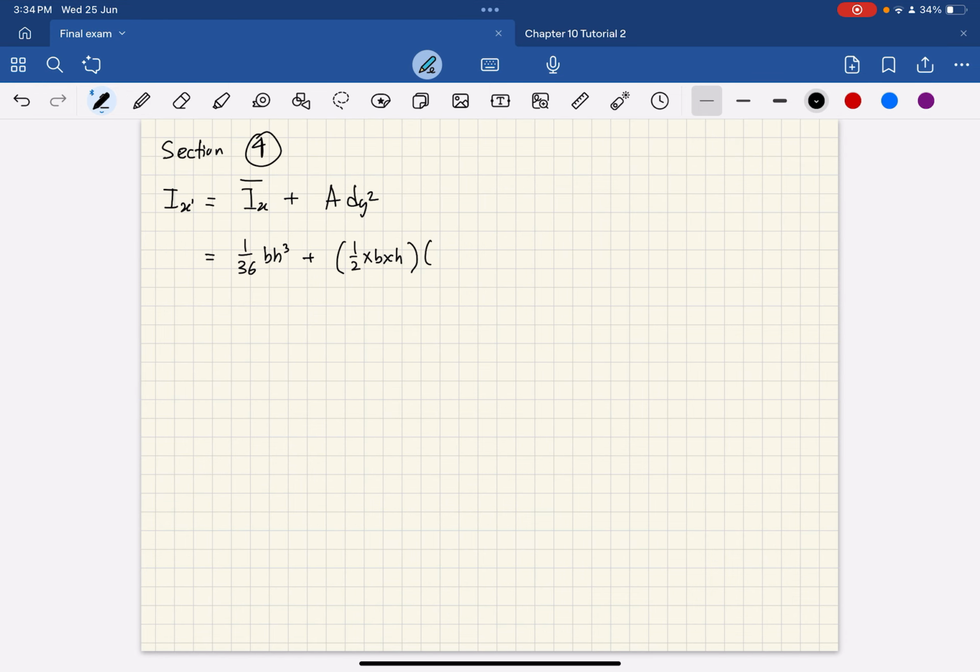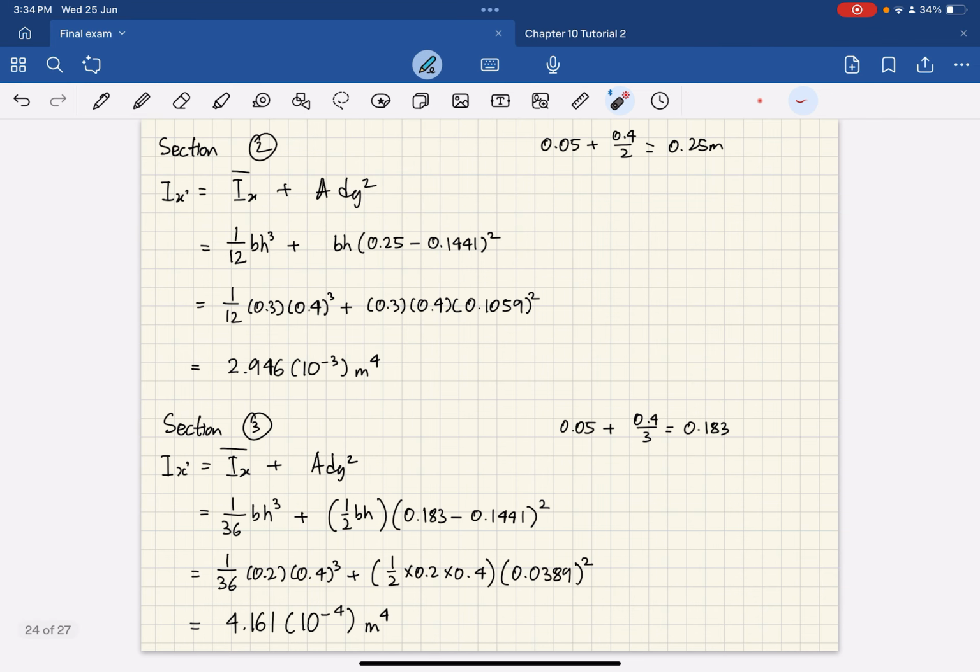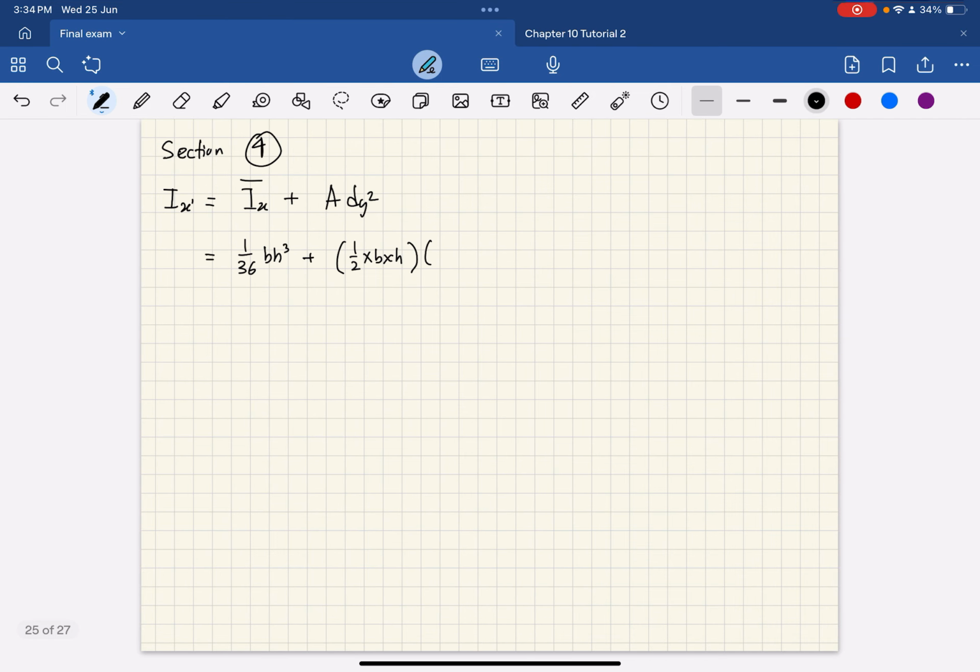Essentially it's the same as your section 3. I'm just going to plug in this one. 0.183 minus 0.1441 squared. Okay, so it's the same equation, I just plug it in only.